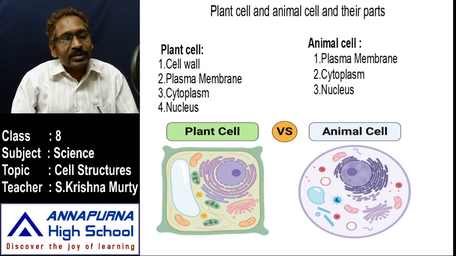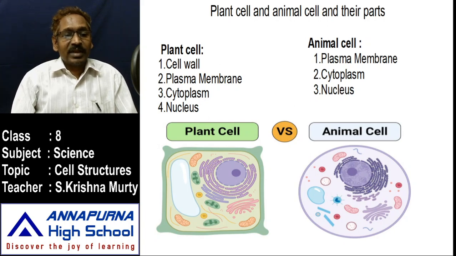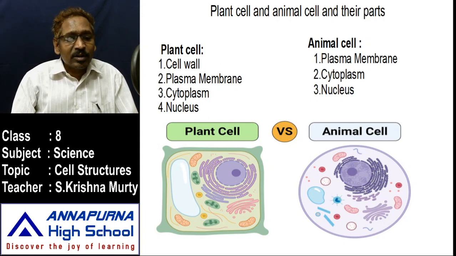What is the third part of the plant cell? Cytoplasm. It is light yellow, that light yellow colored portion is known as cytoplasm. It is the site of all organelles. What is the site of all organelles in the plant cell? Cytoplasm.